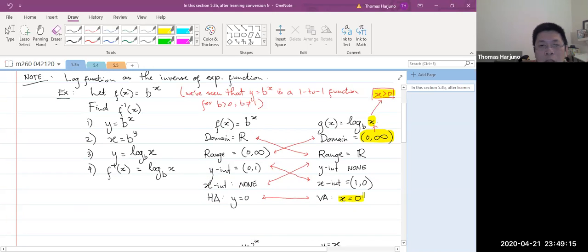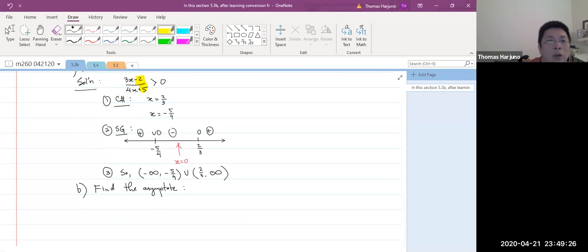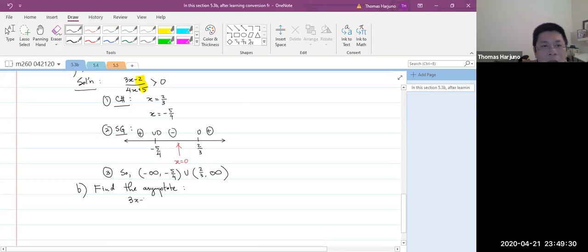So if you want to get the vertical asymptote, what you can do is set the argument, the x here, to be equal to 0. Now, what is the vertical asymptote here? The vertical asymptote is when (3x - 2) over (4x + 5) equals 0. That implies the vertical asymptote is x equals 2/3.